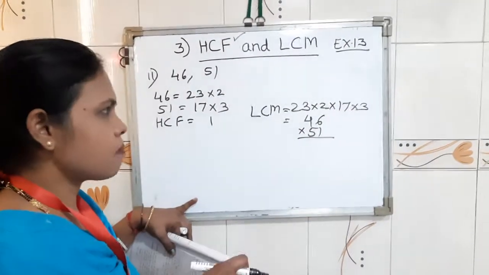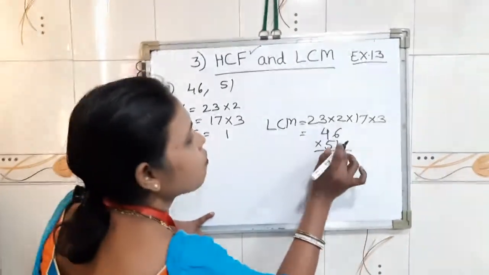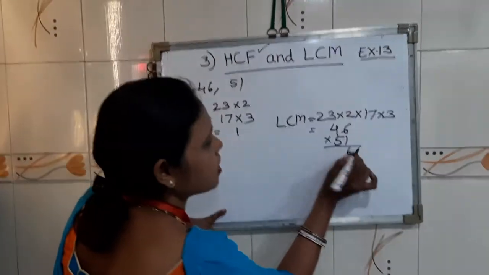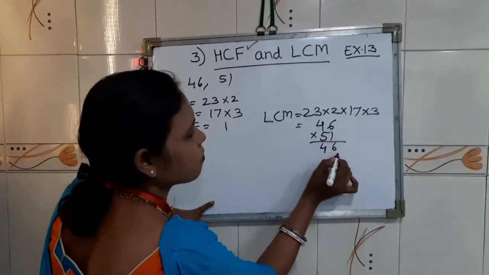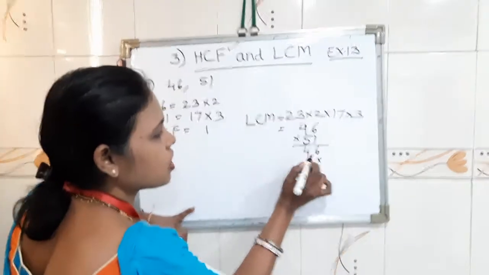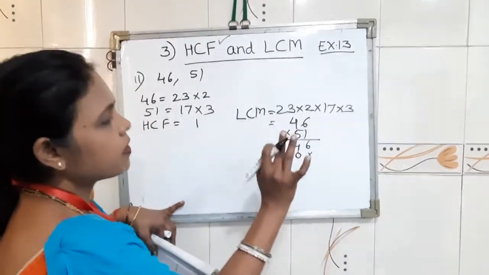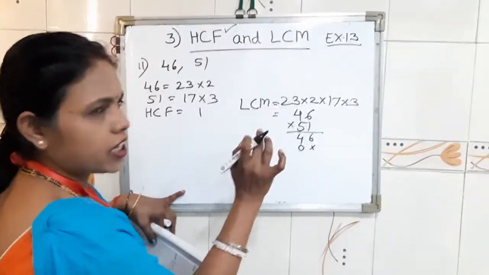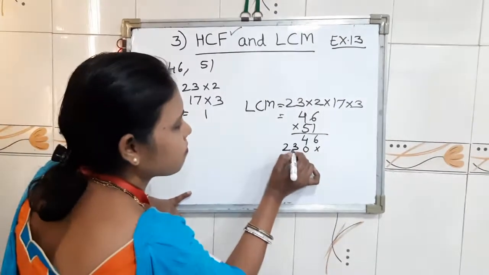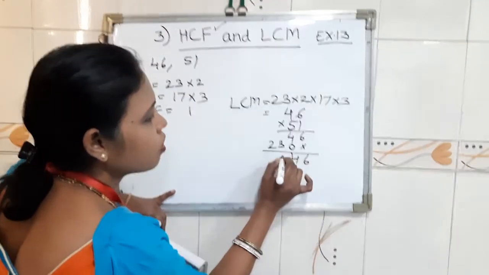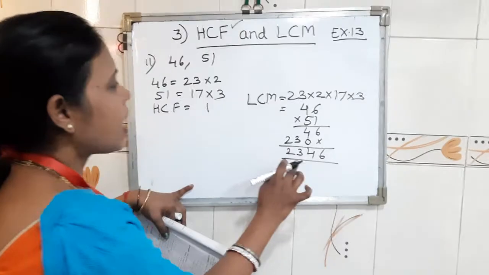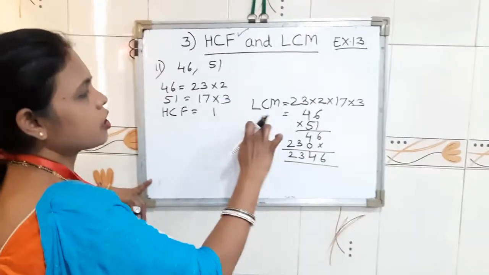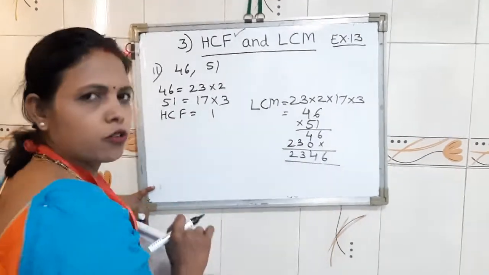As we will multiply directly, 1 into 6, 6, 1 into 4, 4. 5 into 6, 30. 3 will remain. 5 4s are 20. 20 plus 3, 23. 2346. Your answer is 2346. Therefore, your LCM is 2346.